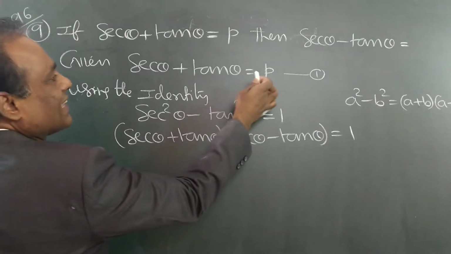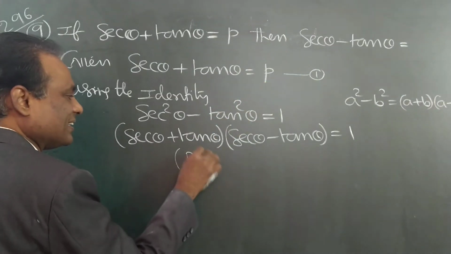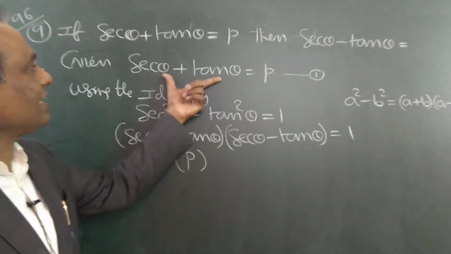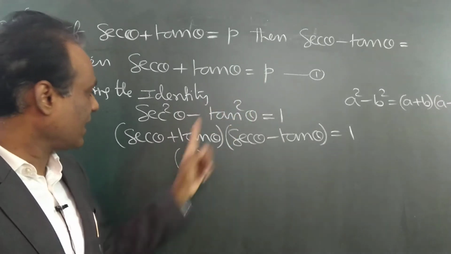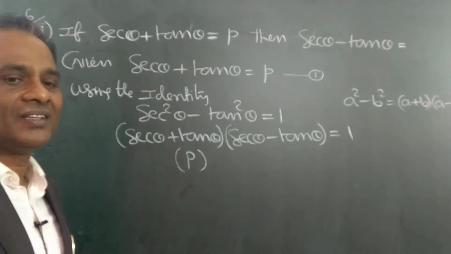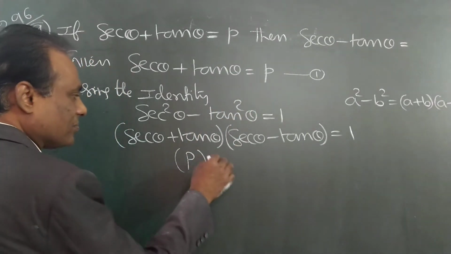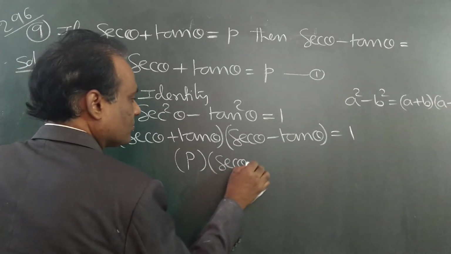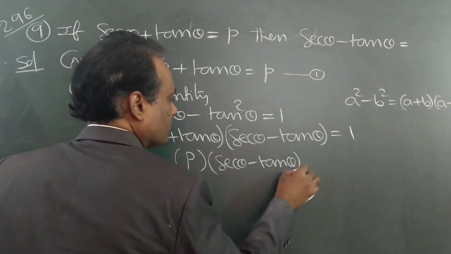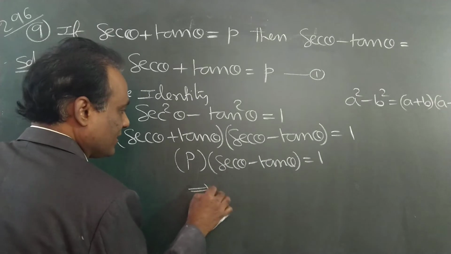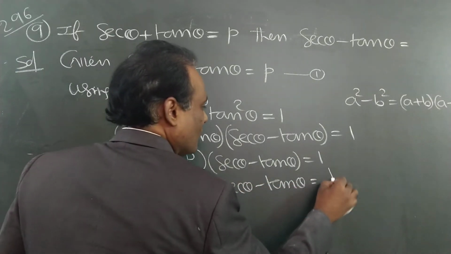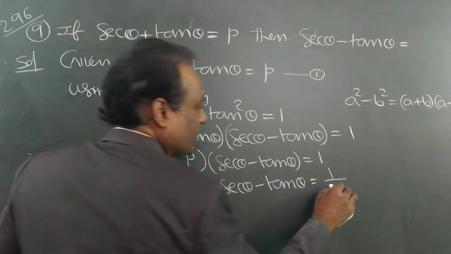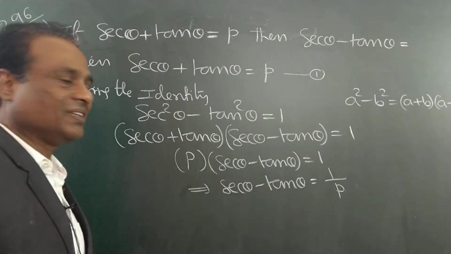Secant theta plus tan theta is given as P. This is given as P. So then secant theta minus tan theta is equal to 1 by P.